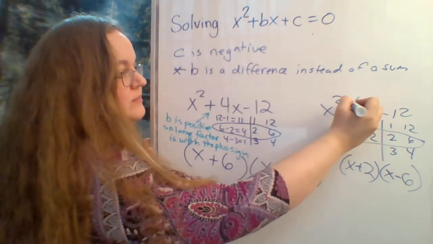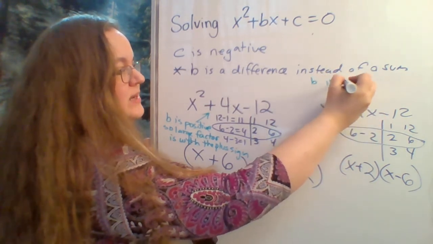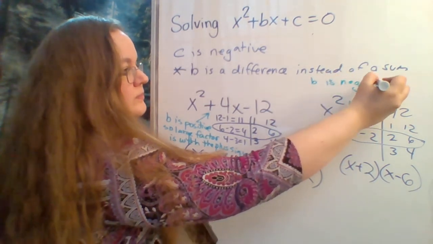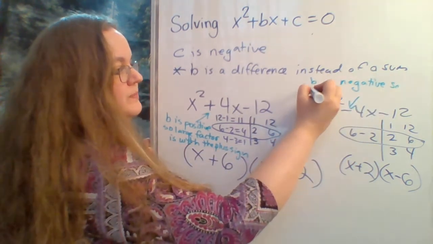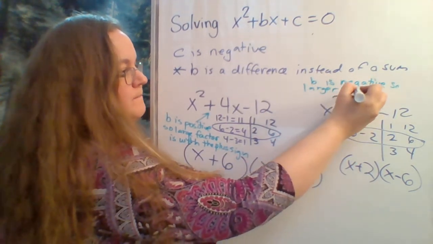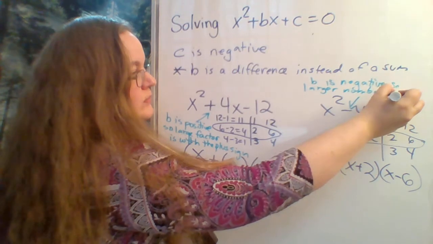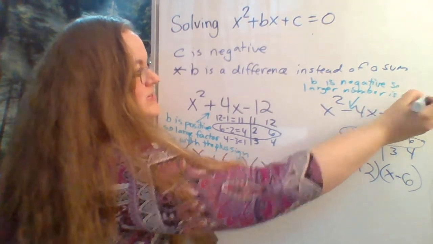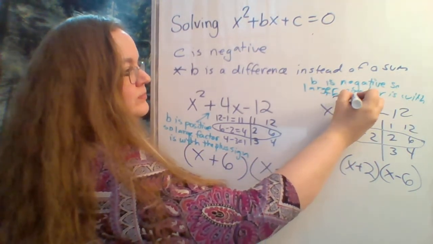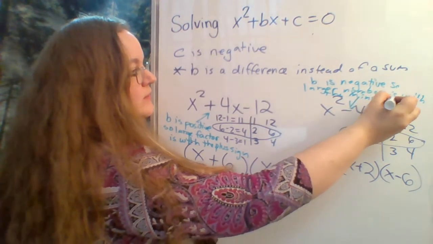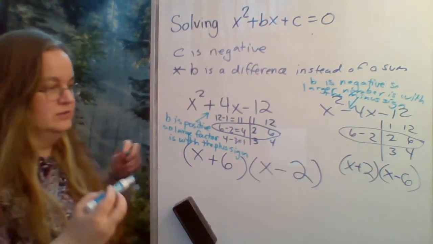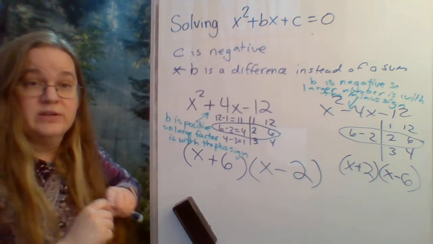When we look here, B is negative. So larger number is with the minus sign. Okay. And again, if you want to, you can go ahead and pause and write that down if you need to.